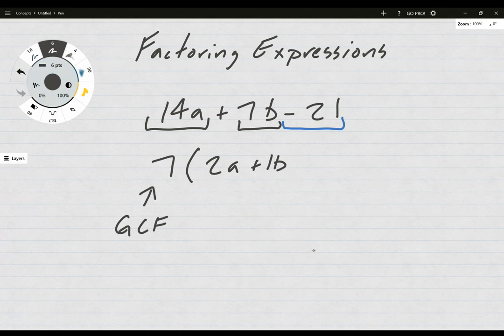We really don't need that, so we could just say it's just b. Now negative 21 divided by 7 is negative 3. So my factored expression of 14a plus 7b subtract 21 is 7 in parentheses 2a plus b subtract 3.